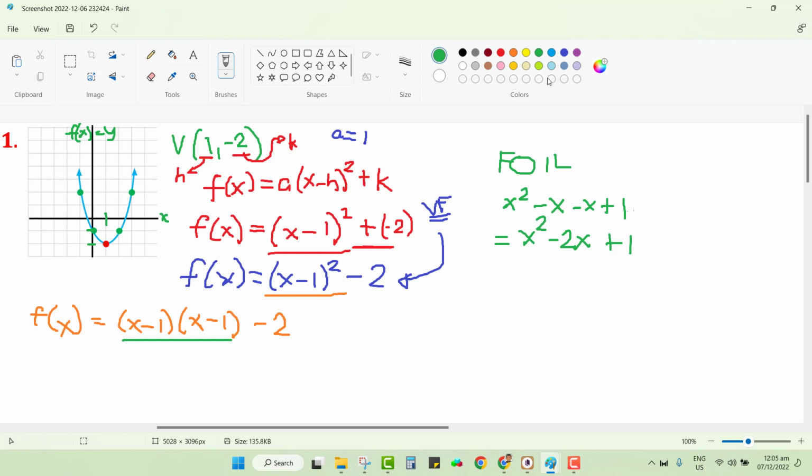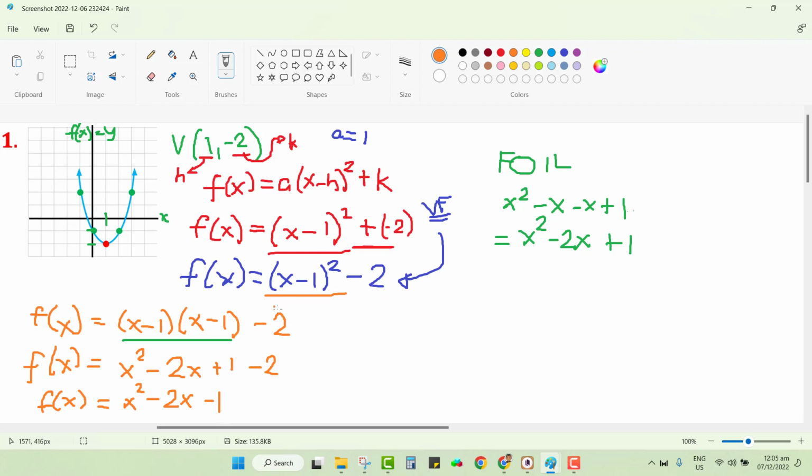And simply substitute it here in your form. So you have f of x equals the result, which is x squared minus 2x plus 1, and you still have minus 2. And to finalize your standard form, which is again just one of the possible forms since we just considered a equals 1, f of x is equal to x squared minus 2x, and the result of this, which is minus 1.